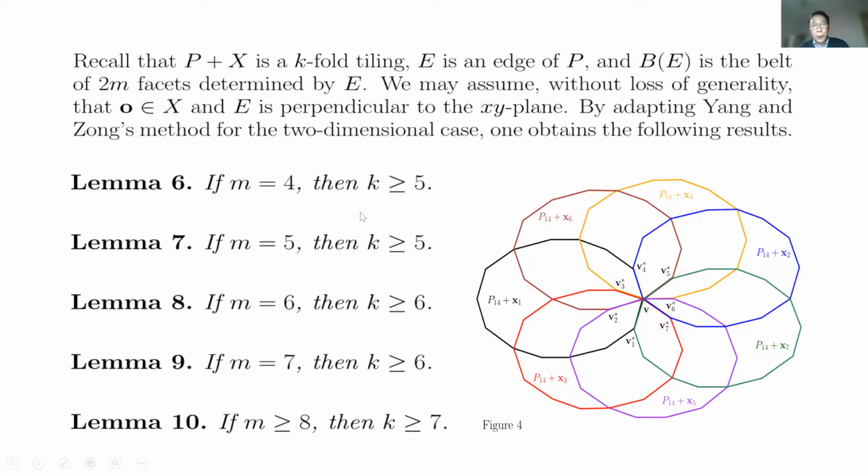The proof of this technical lemma is, as I said before, we start with one tile, like here, the black one, the P14 plus X1, then just do as before, turn around and consider many combinatorial possibilities.